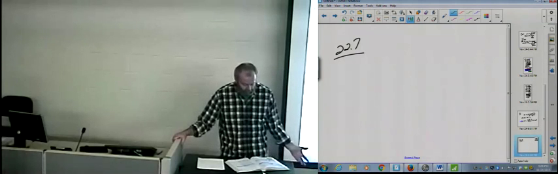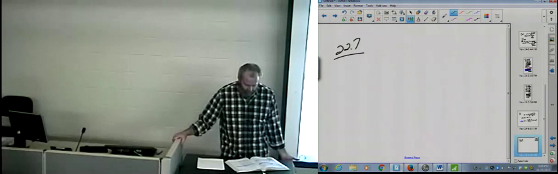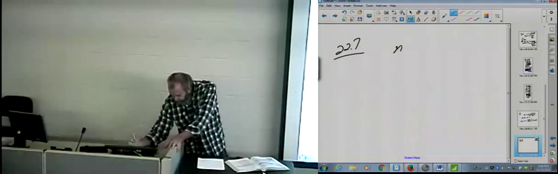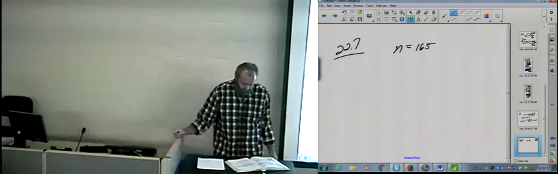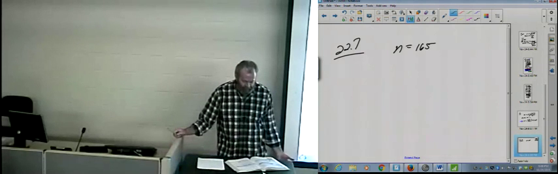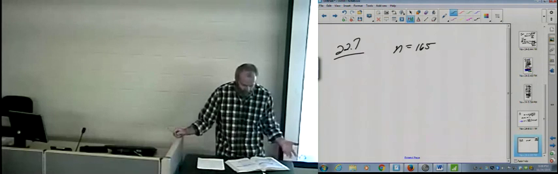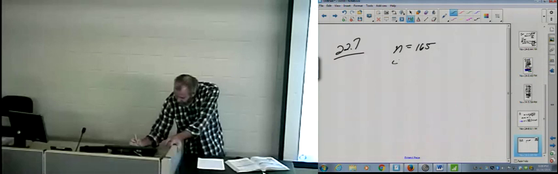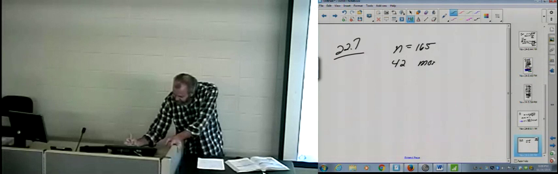In 2013, the survey included 165 visitors. That's your sample size. Of which 42 used a mobile device such as an Android phone or an iPad during their visit. What was the number? 42? Used a mobile device.